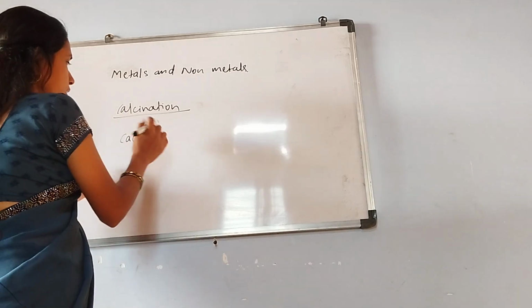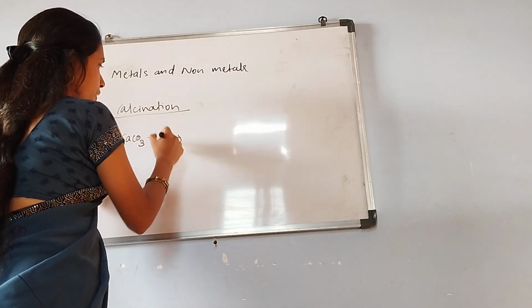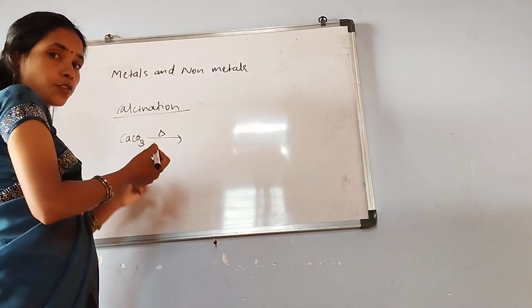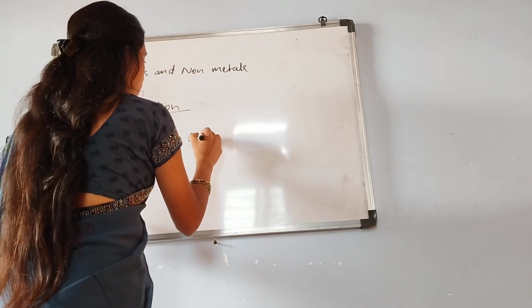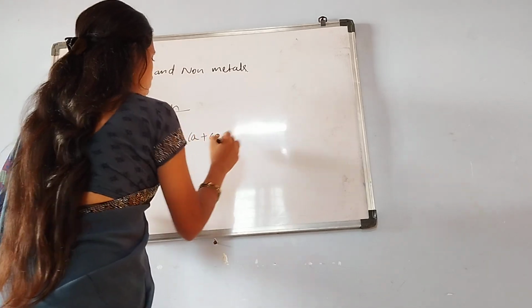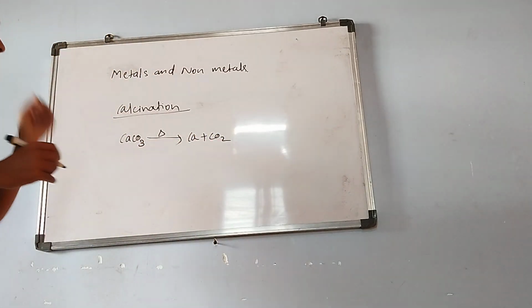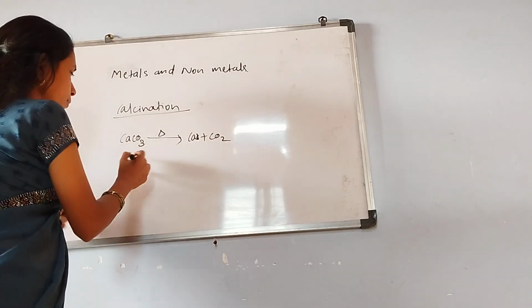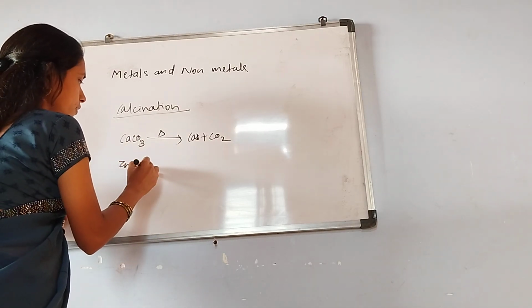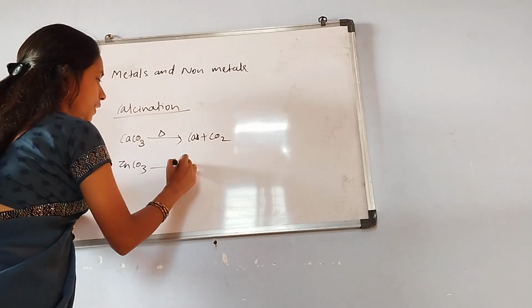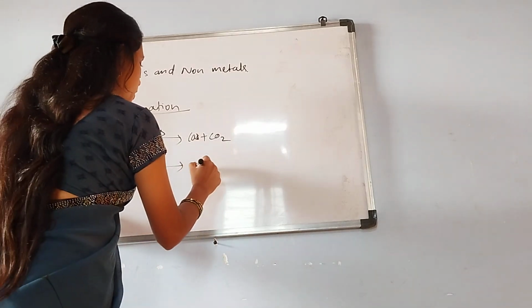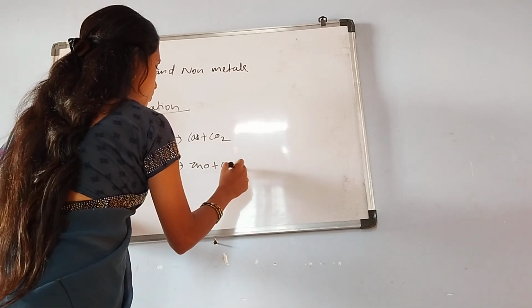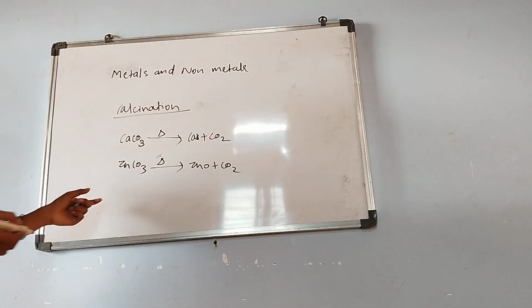Then we get calcium oxide plus CO2. Or zinc carbonate: we heat it in the absence of oxygen and get zinc oxide plus CO2. So this is the process of calcination.